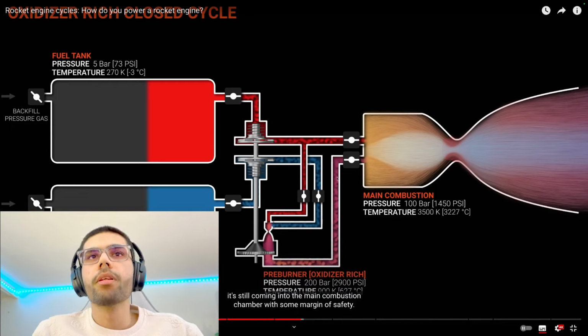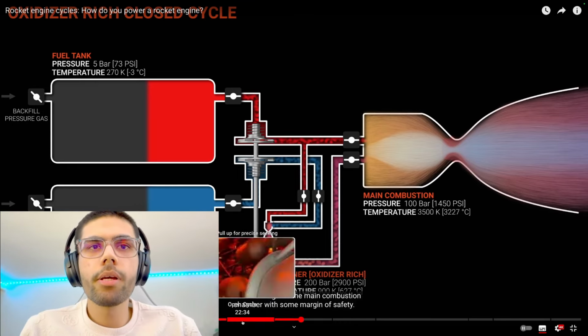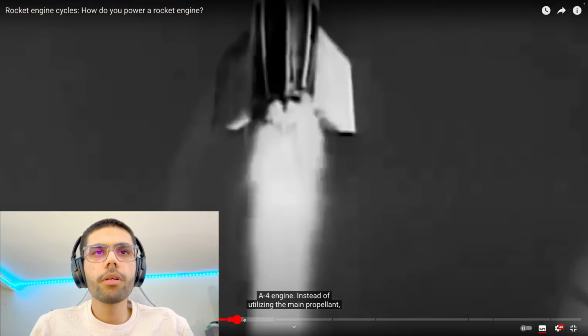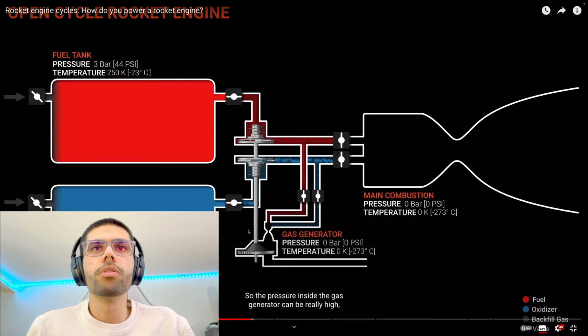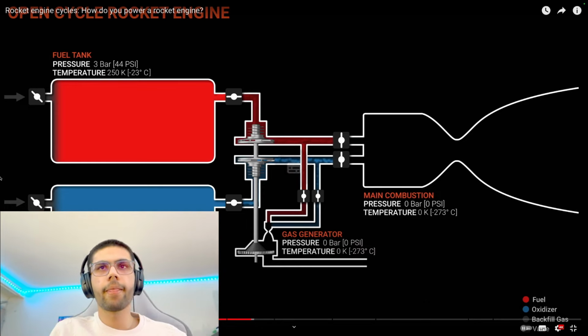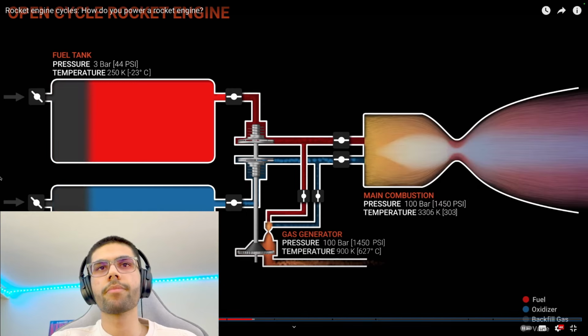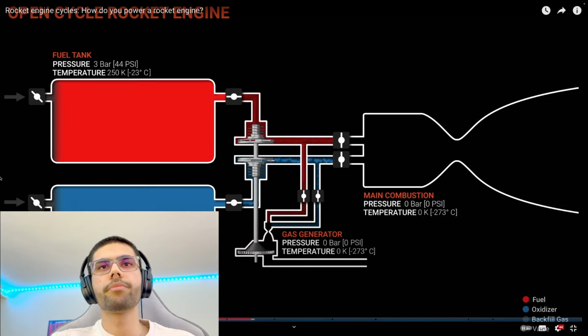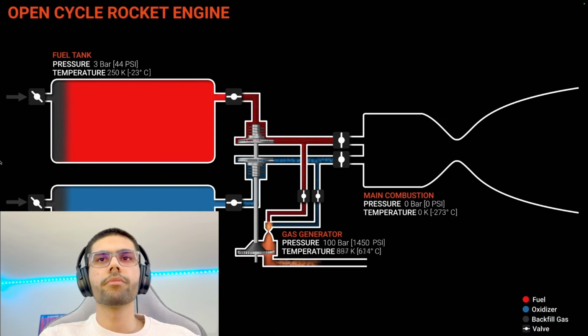And so the thing here is, why is this open cycle a bad idea? Can you think why it is a bad idea to use this kind of engine? What could be the problem here?